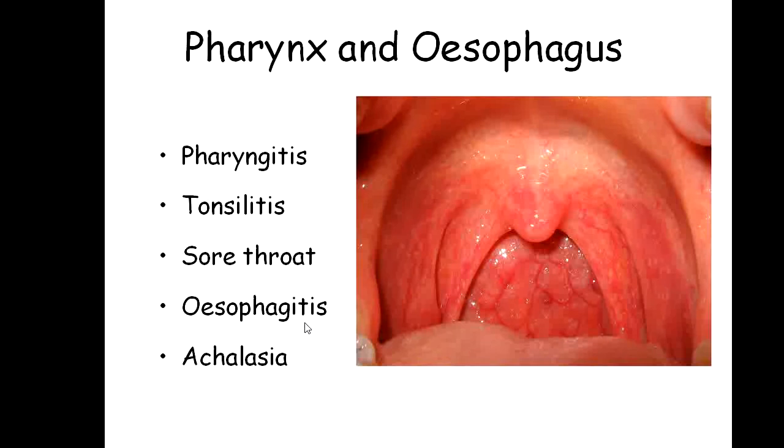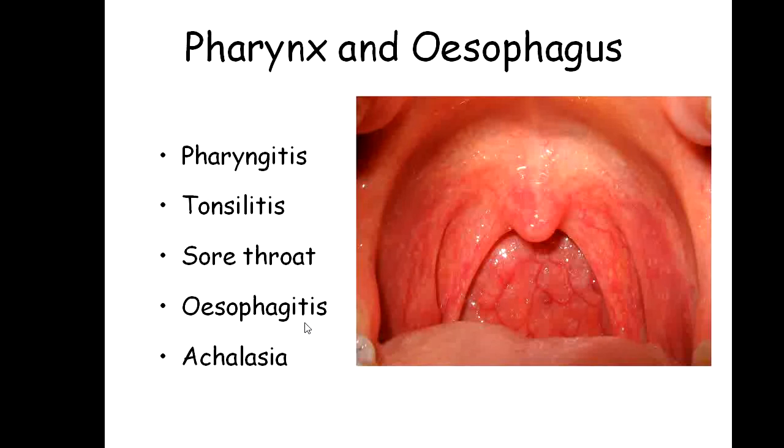But when this cardiac sphincter does not get opened due to contact with the bolus, this condition is called echalacia. Echalacia is when the cardiac sphincter is unable to get opened by the contact with the bolus.